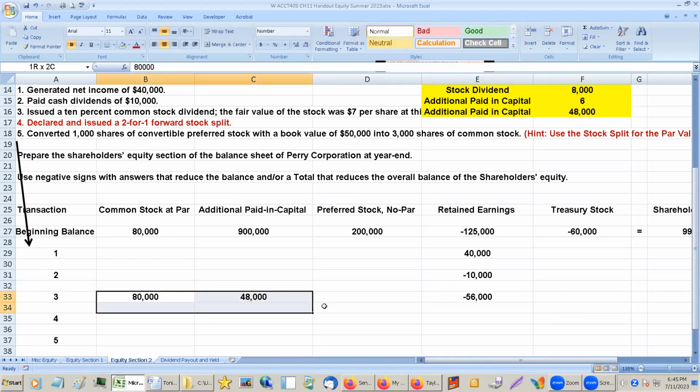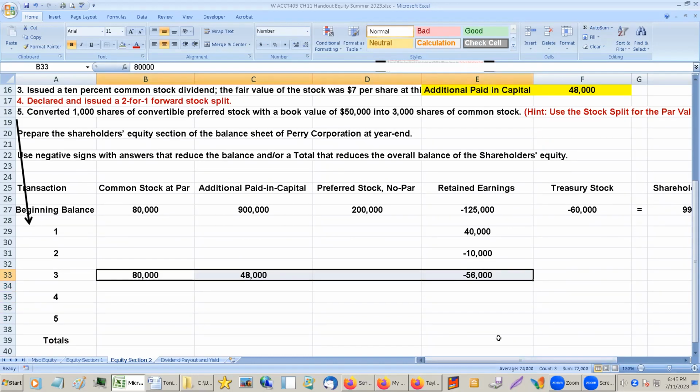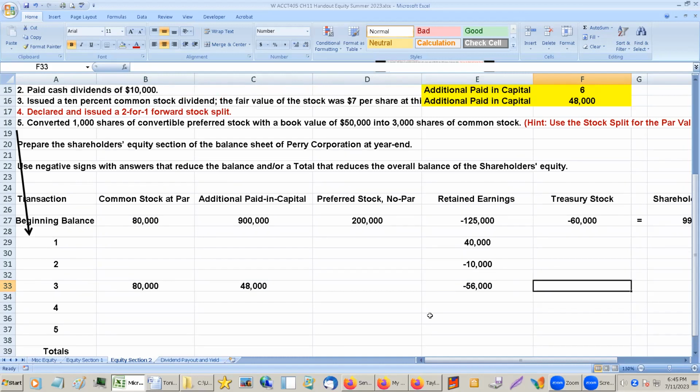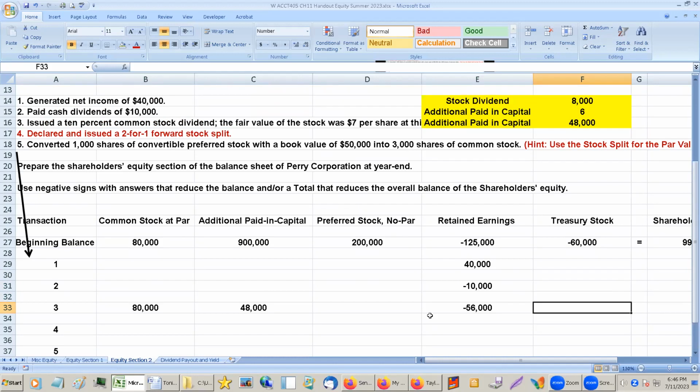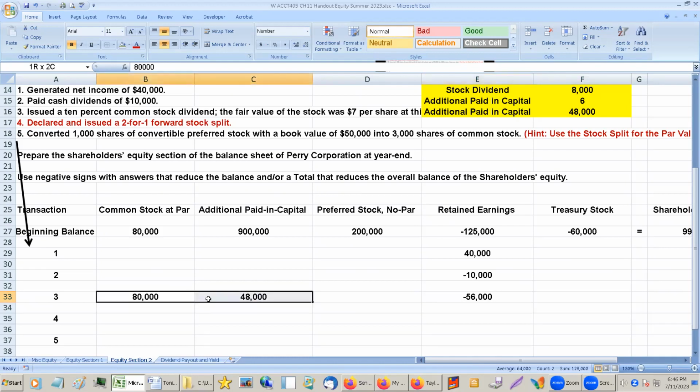You'll notice that the actual equity section really hasn't changed. And theoretically, nothing's happened. You just kind of shuffled it around a little bit, taking some out of retained earnings, put it into common stock and additional paid in capital.